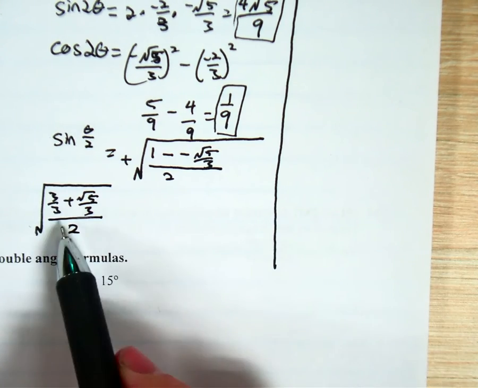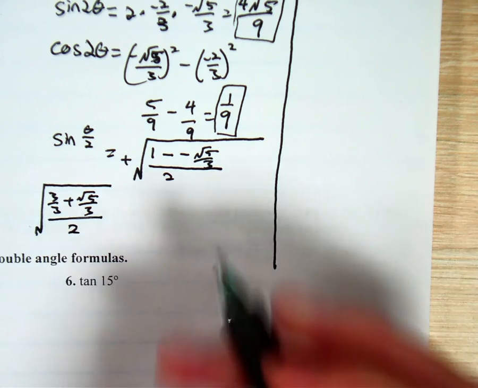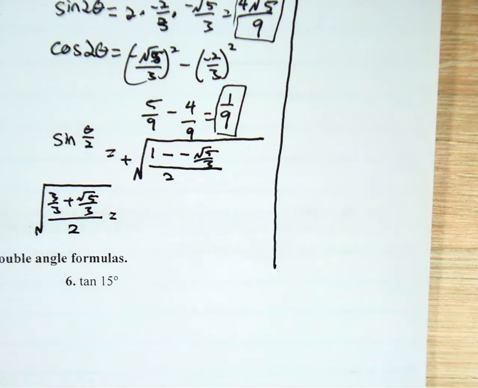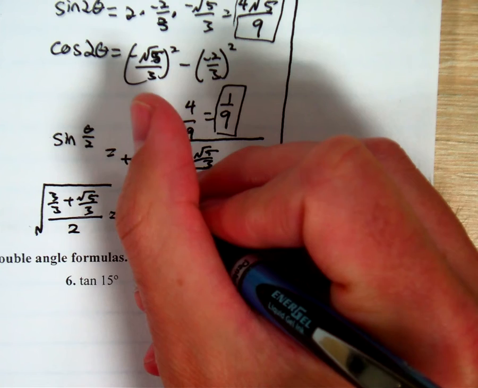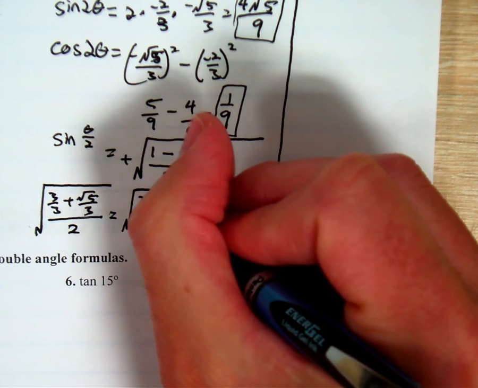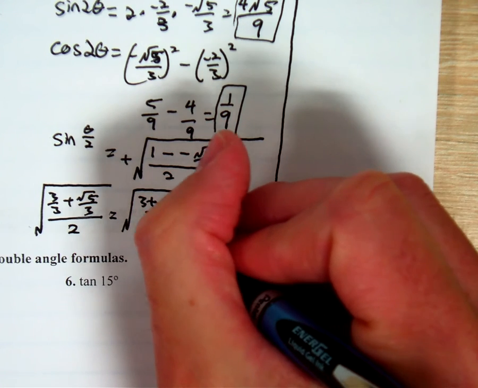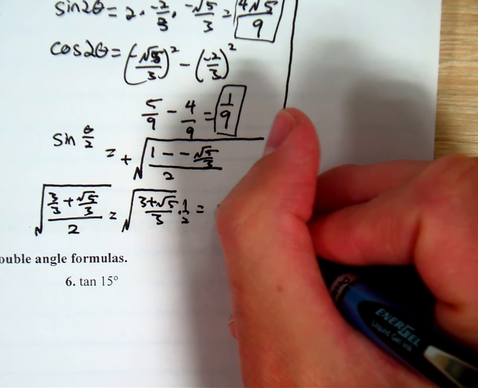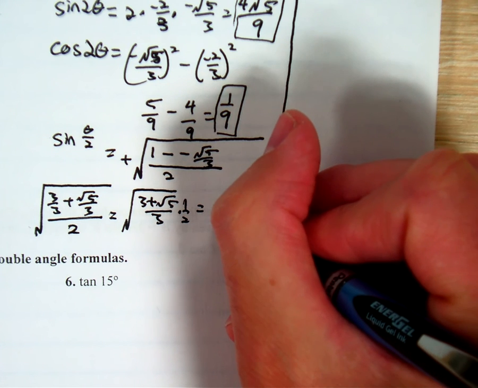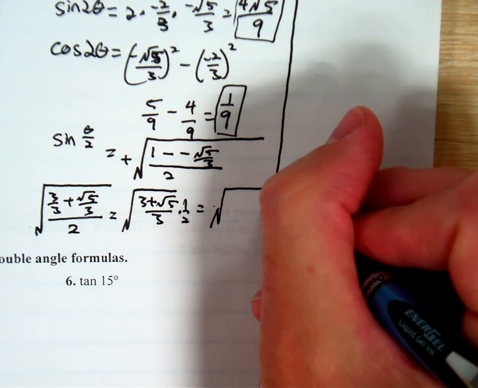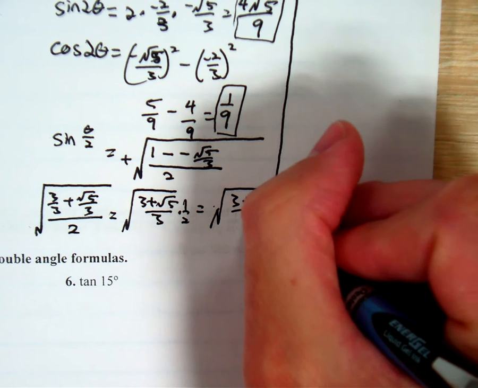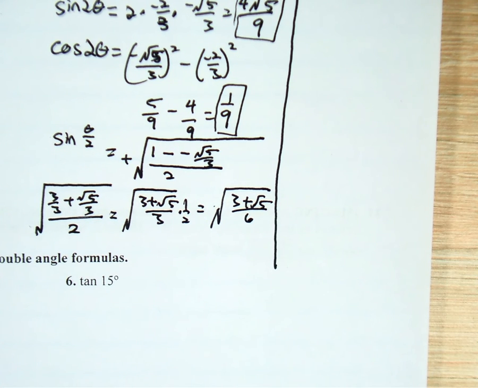Okay, and that's going to be over 1, 3 together there. And instead of dividing by 2, we're going to multiply by a half on this next one. All right, so we got 3 plus radical 5 over 6. Okay, so you think you're done, but you're not done because we've got to separate top and bottom.